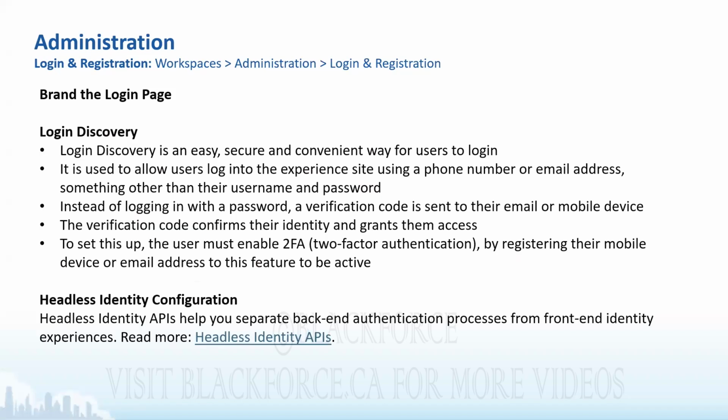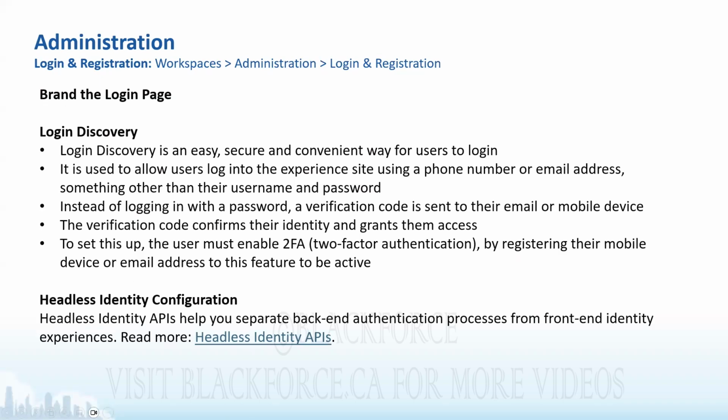All right, so I want us to take a look at the administration section of the workspaces to look at the login and the registration section. First of all, I would like us to brand or rebrand the login page, and then we'll go into these details.